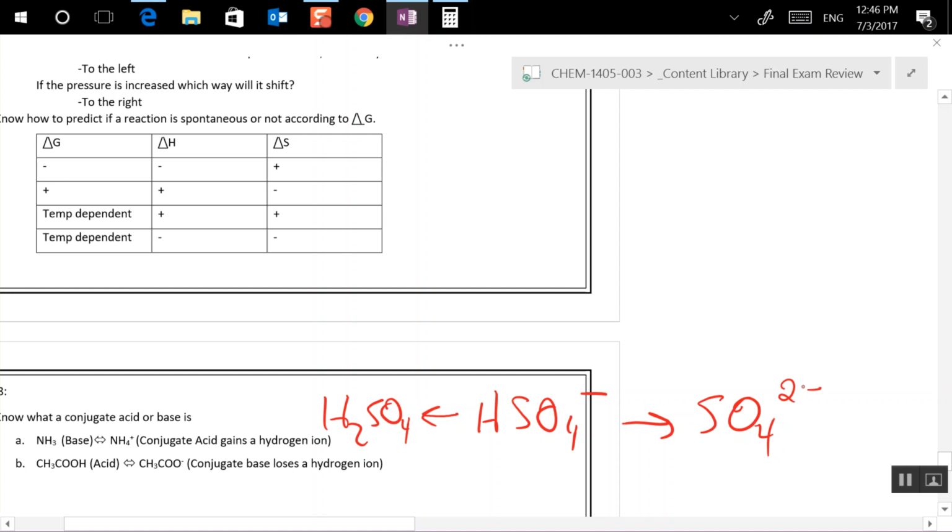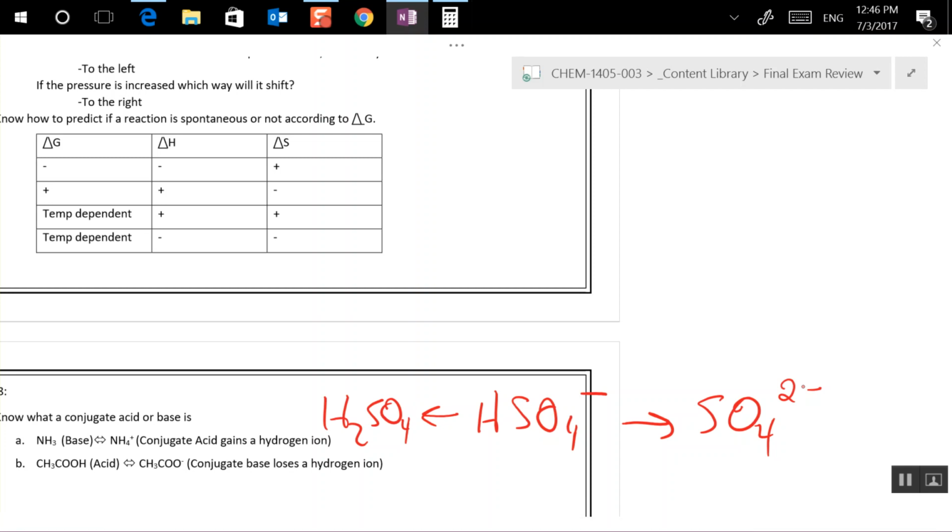Because hydrogens are positively charged, and going to the base is always how many hydrogens? Less. One. The conjugate base is always one hydrogen less than the conjugate acid, right? That's right. Because one of the negative charges is being balanced by this hydrogen.